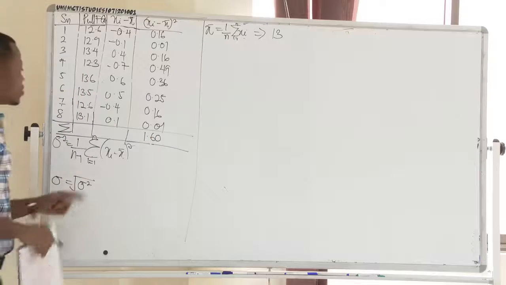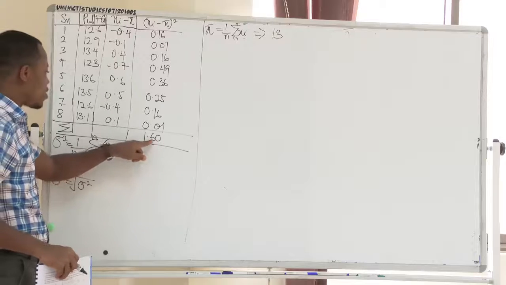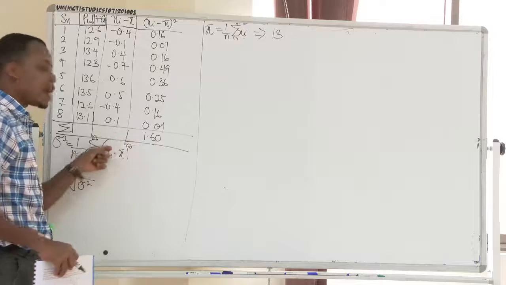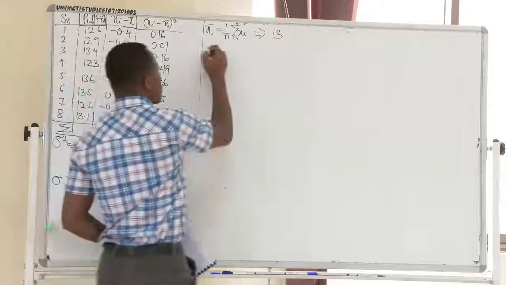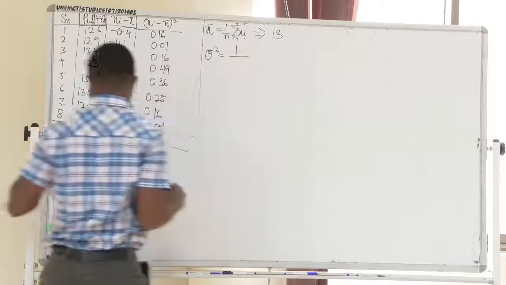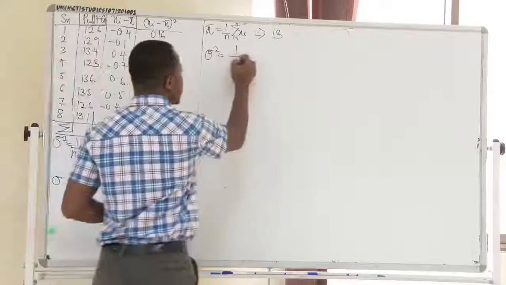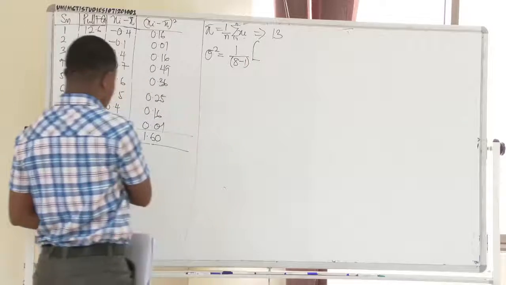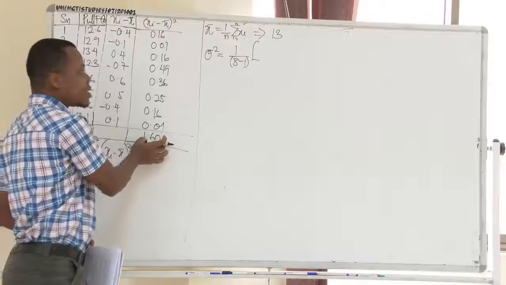With this value achieved, all that we have to do is substitute it to replace this whole term. In estimating the variance, this will equal 1 over n minus 1. Remember, we have 8 observations, so 8 minus 1, all times the summation we've calculated to be 1.60.